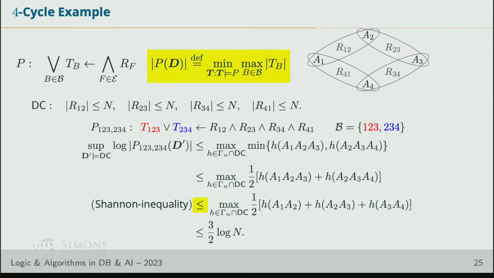So it has a bunch of max and min going together. Right? But in any case, the bound says that this is smaller than the max over the min of these two entropy values. So H(A123) and H(A234). Okay? This is what the polymatroid bound says. And once you have the polymatroid bound, you can play the same game. So the min of two quantities is less than the average of the two quantities.